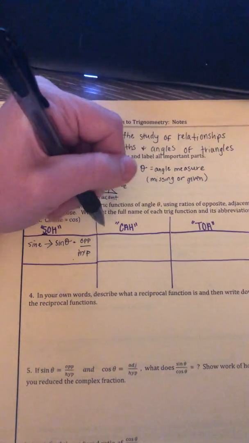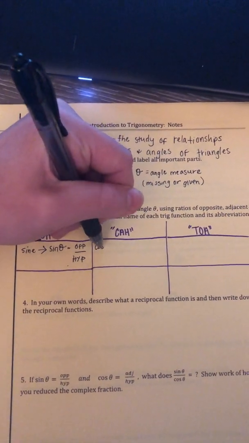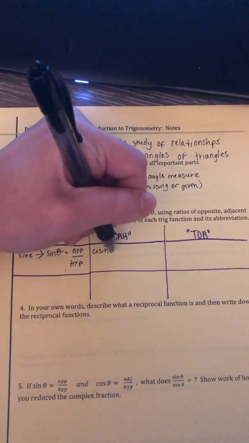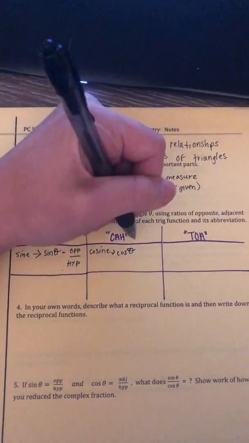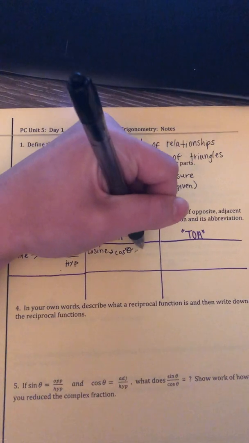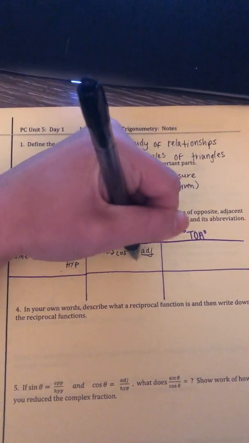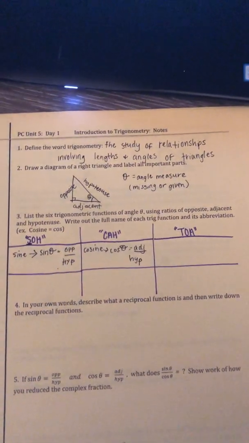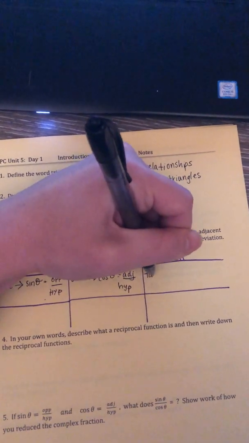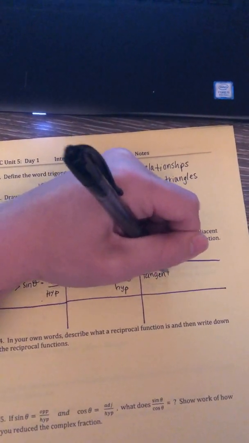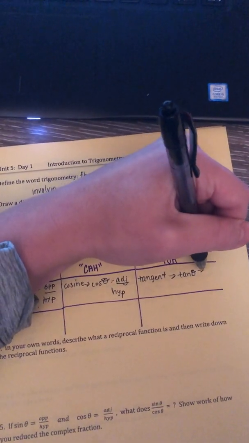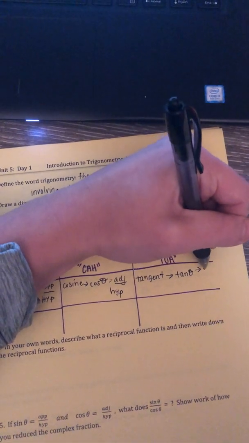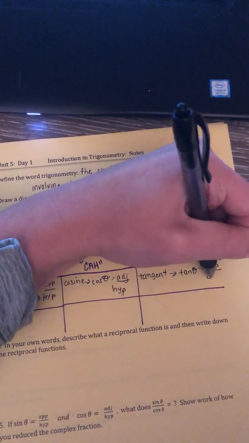Then we have cosine, which is written as cos, and then the A over H, which would be adjacent over hypotenuse. And then we have TOA, tangent. The tan of the degree is equal to opposite over adjacent.